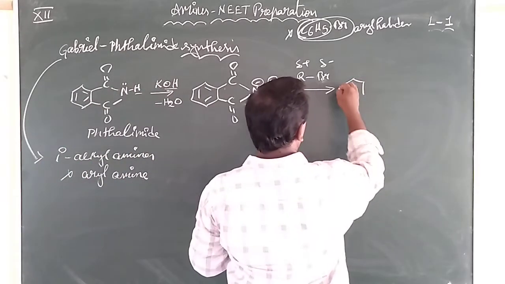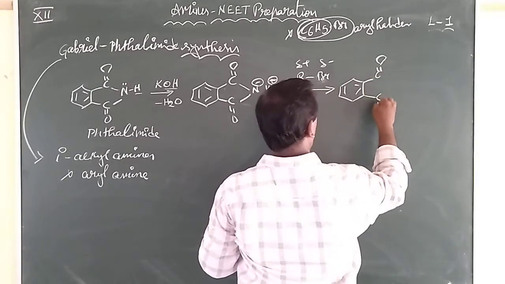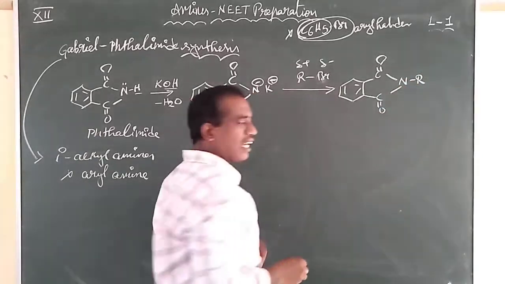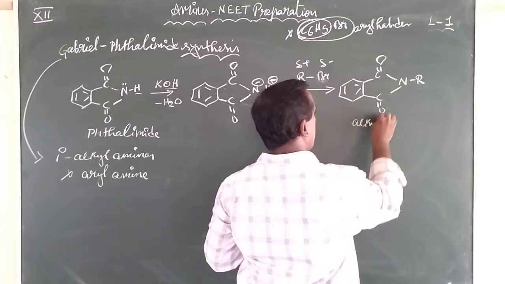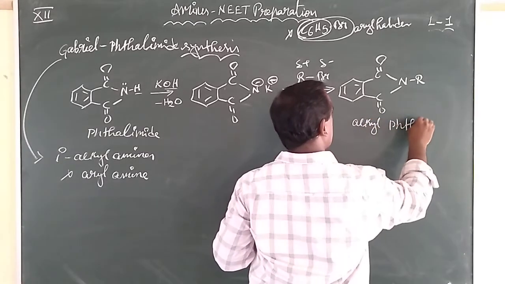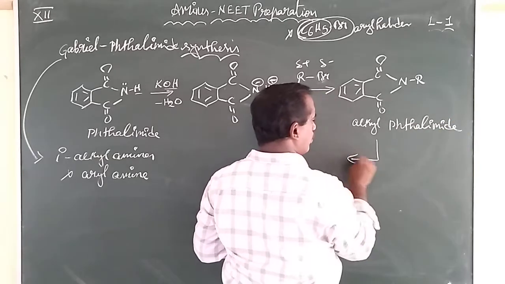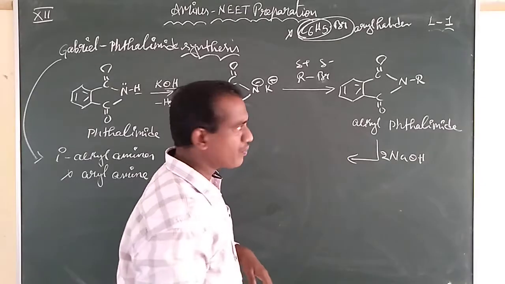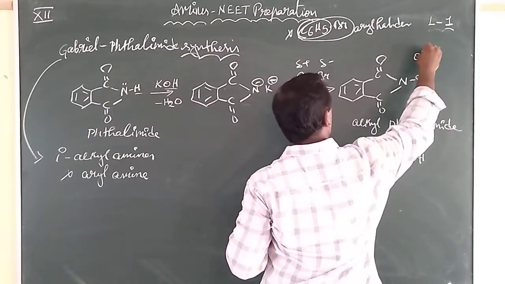Then, what is the next point? We know the product that we are going to get is an alkyl phthalimide. We got this alkyl phthalimide and we are going to react it with 2 moles of sodium hydroxide. Then the sodium hydroxide will be donating electrons.